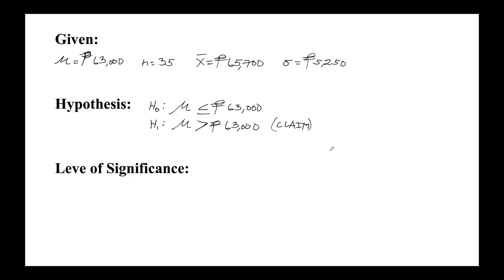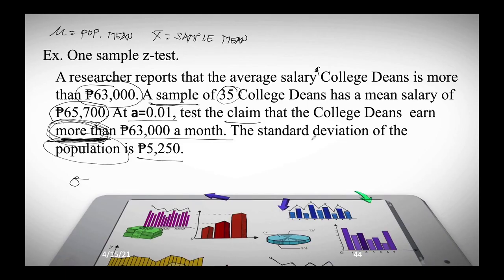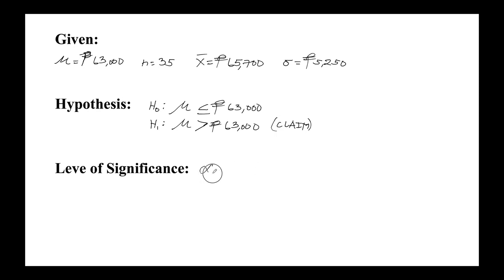Okay? So, next we have the level of significance. It says here naman na 0.01 ang level of significance natin. So, alpha level 0.01. Next, we have the Z critical value. Since this is a one-tailed test, why did I say that this is a one-tailed test? Because there is a direction.